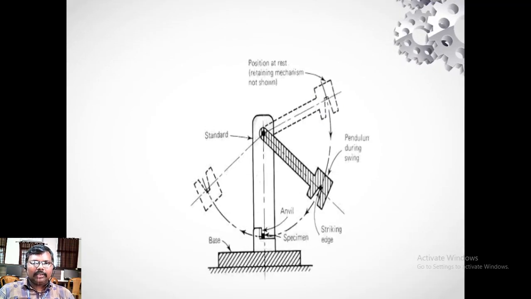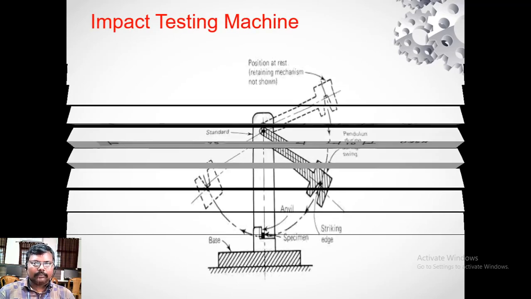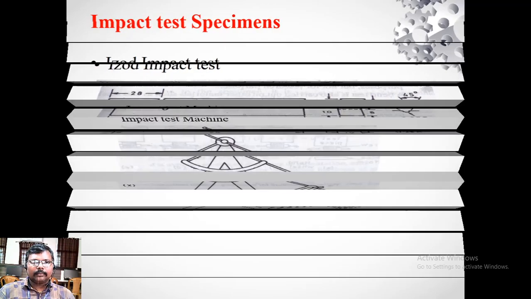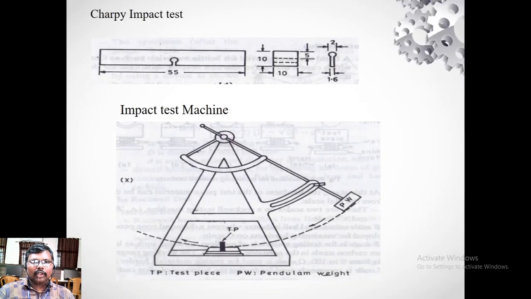This is the image of the impact test machine. This is the image of the Izod impact test specimen. This is the image of the Charpy impact test specimen.